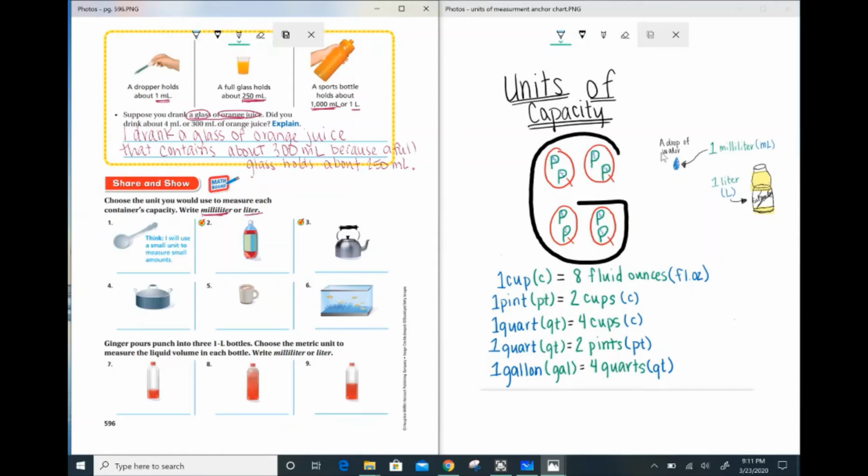So I know that this little spoon, it cannot hold a bottle of Gatorade, it can only hold small little drops of water. So I'm going to go ahead and measure that in milliliters. Now I know that this bottle right here, I can measure that in liters.